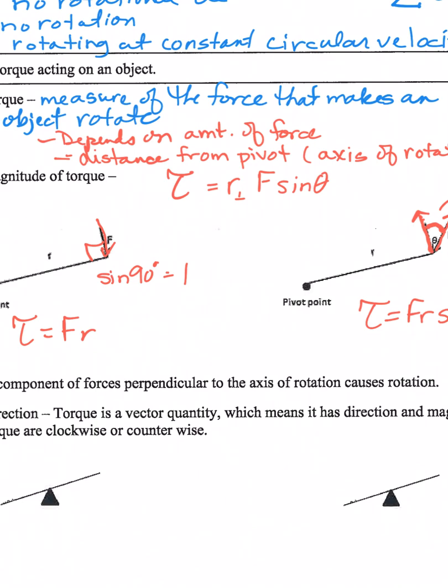Now notice what it says right here. Only the component of the force that is perpendicular to the axis of rotation causes the rotation. That's why we say sine theta. If you were to look at it this way, here's my right angle, right?